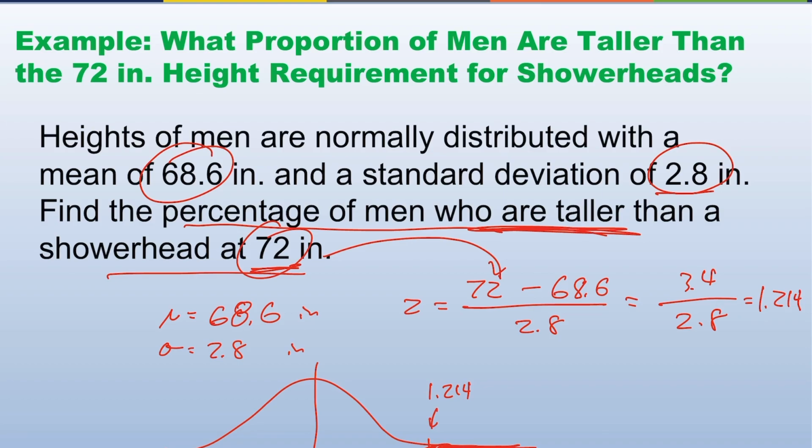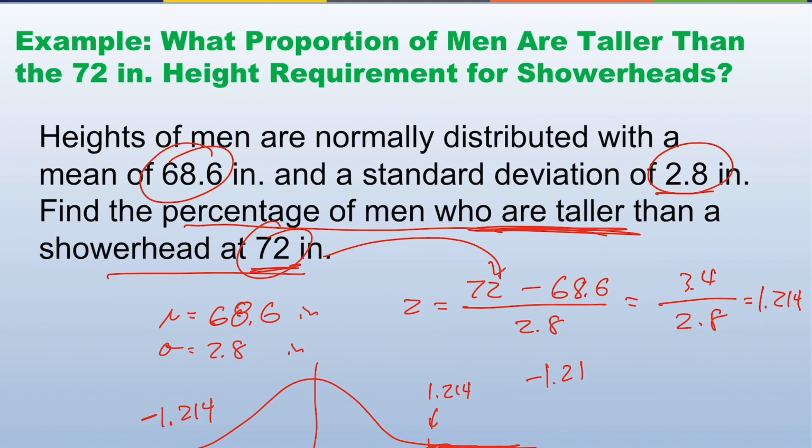Now, it's symmetric. So if I come over here to negative 1.214, that's going to give me some area to the left. And that area is going to be the same because of symmetry. So I'm going to go to my lookup table, and I'm going to try and look up negative 1.214. Now, actually, I'm going to need to round this. I'm going to go ahead and round this to 2 decimal places. And so that would just be negative 1.21.